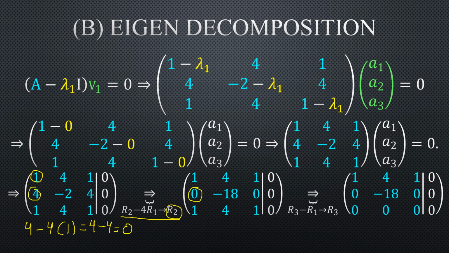So that's how we get 0 here. If we do the same thing, minus 2 minus 4 times 4, that gives us -18. That's what we see here. And then finally, we get 4 minus 4 times 1 gives us 0. That's what we see here.